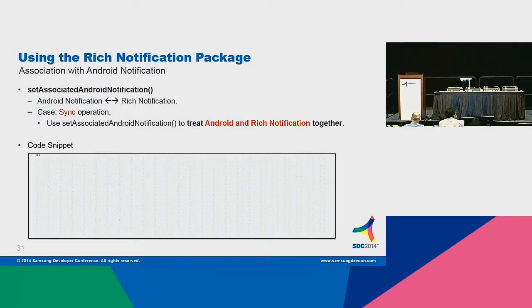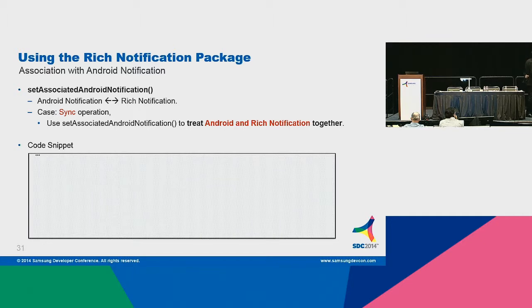Okay, so till now I told you about the templates and the user scenarios and code snippets, how to use those templates, and the same for actions. I will be speaking about 2 more APIs which are important in terms of developing an application using the rich notification SDK. The first one is the set associated Android notification.